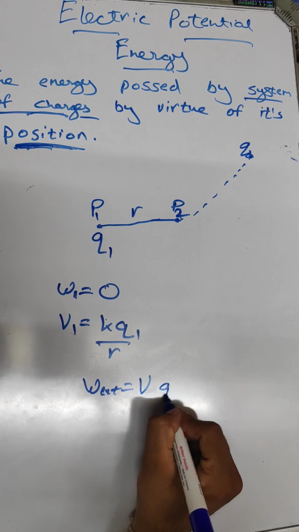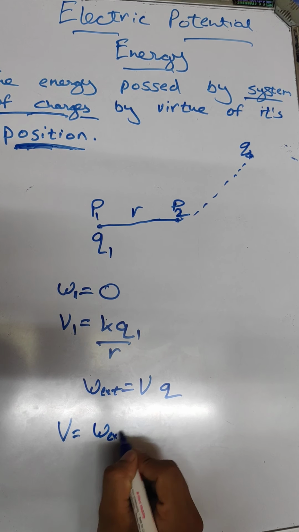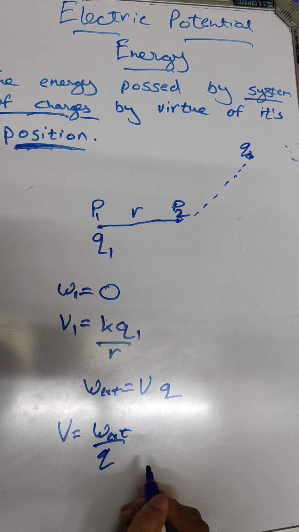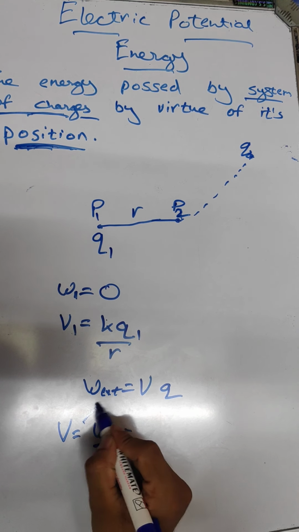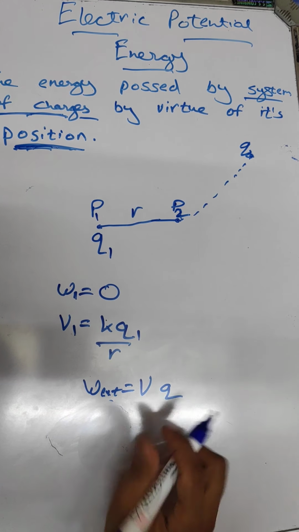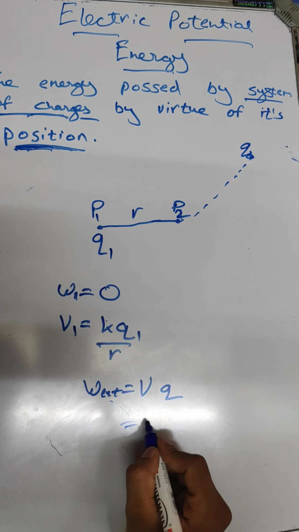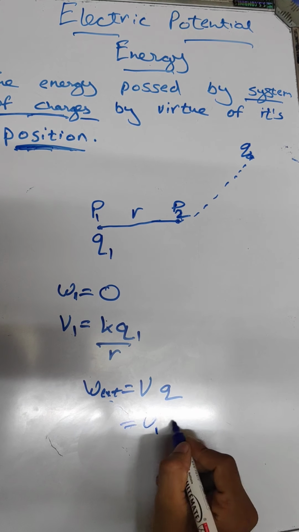Potential into charge. You know what potential is: it is the work done by an external agent per unit charge. So from this formula we can write the work. Here the potential is due to this charge, so I can write V1, and the charge coming will be Q2.